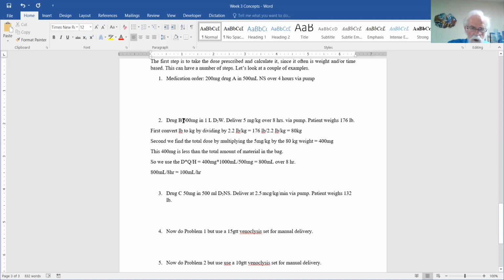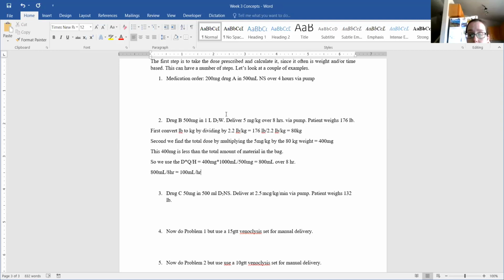We are told that we are being given 500 milligrams of drug, the dose on hand, in a vehicle of 1 liter. It doesn't matter that this is D5W, that's what the doctor ordered. There are some drugs that are not compatible with saline, and so we have to deliver it in D5W. So we have all the information. We have to go through and pick it out, and then it's just plugging it into the formula. Does this make perfect sense?